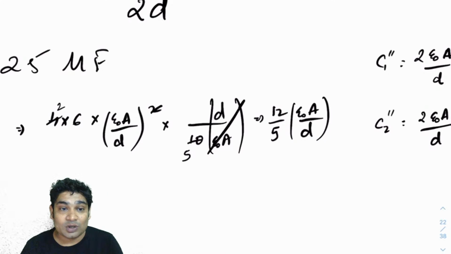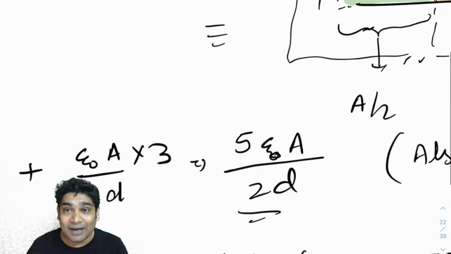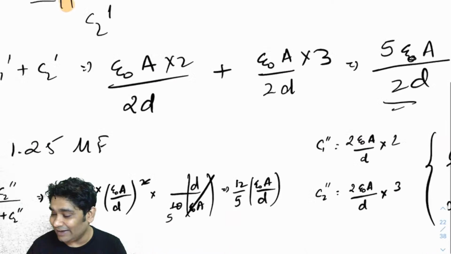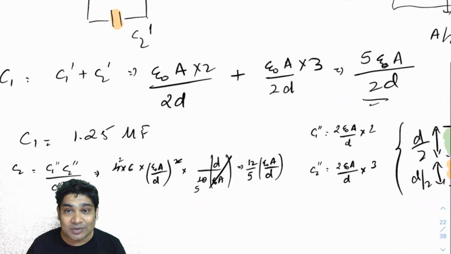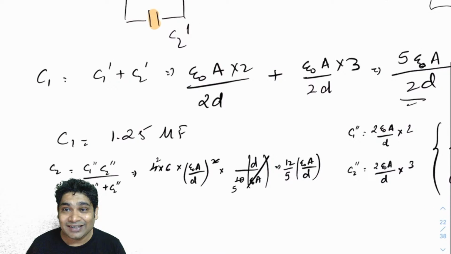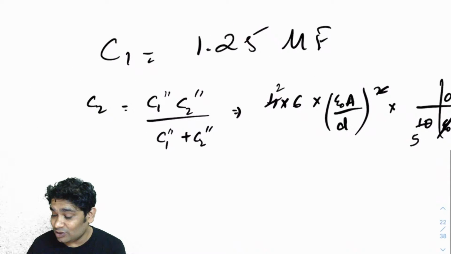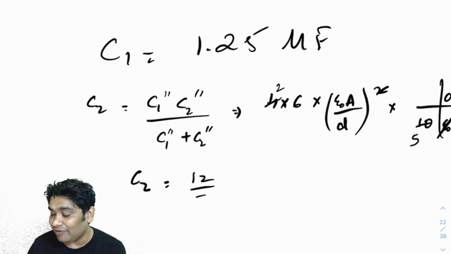Now you will also remember that epsilon naught A by d, we had already discussed this, was 0.5. That had been given to you here. So now if I substitute that value here, what am I getting? C2 is 12 by 5 into 0.5. So it is 1.2.